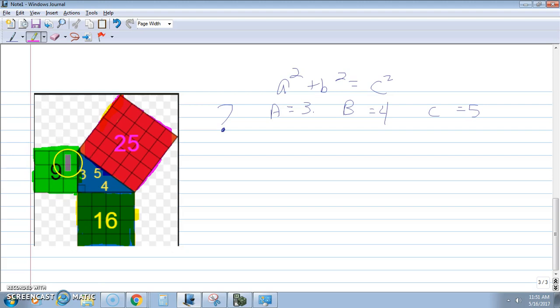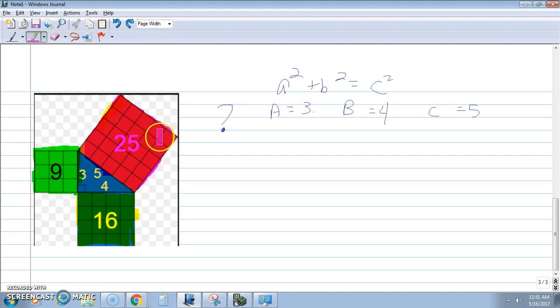What that means is that both our area of 9 and 16, both of these squares can fit into this big square. So you're literally saying that this square and this square will be equal to this big square, okay?